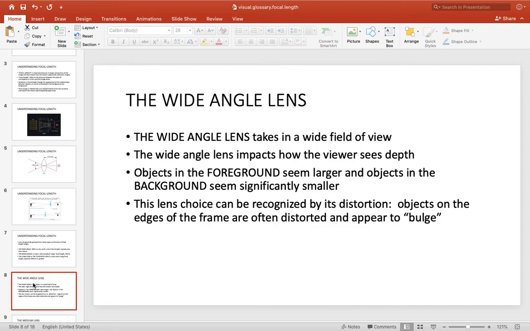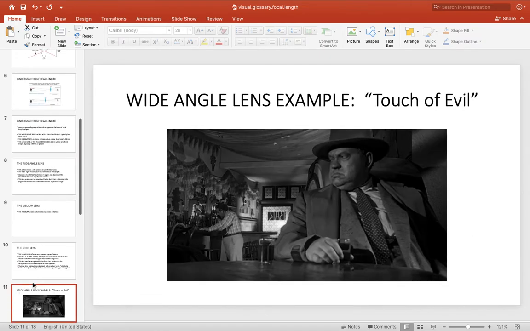If they are people or other objects at the edges of the frame, those people or objects can appear to bulge or be stretched. Maybe I can skip ahead and just show you the examples of the wide angle lens.